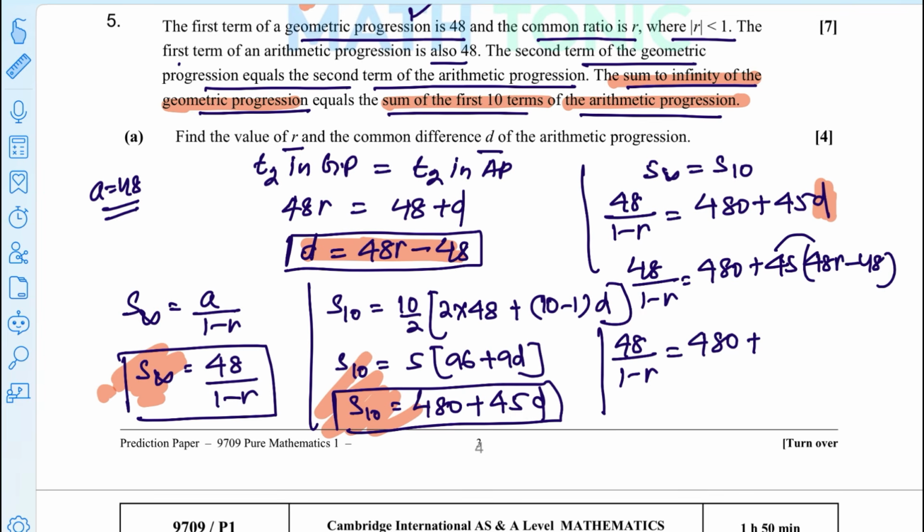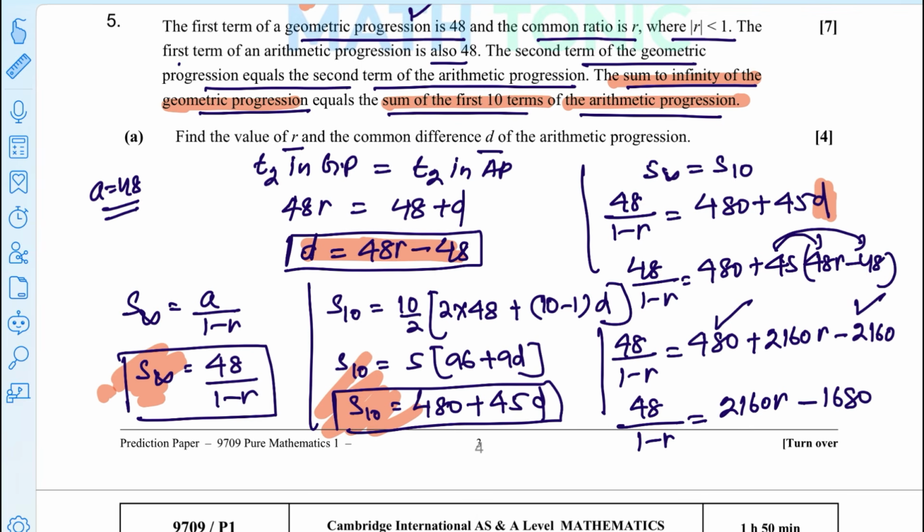Now we'll expand the bracket. So 45 times 48r is 2160r, minus 2160. Again it is 48 over 1 minus r equals these two numbers. When I subtract, I'm getting 2160r minus 1680.